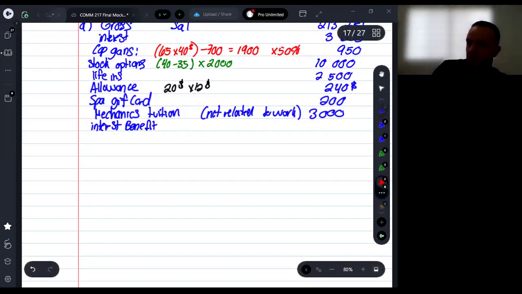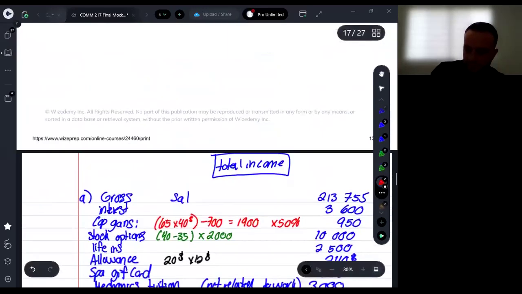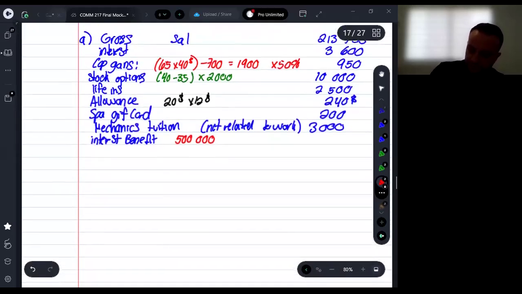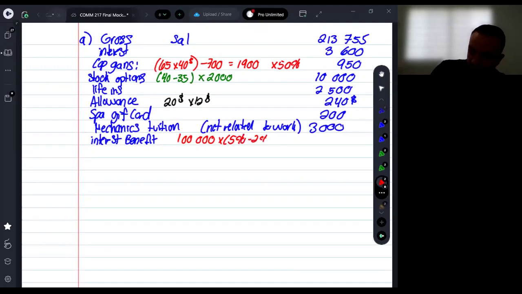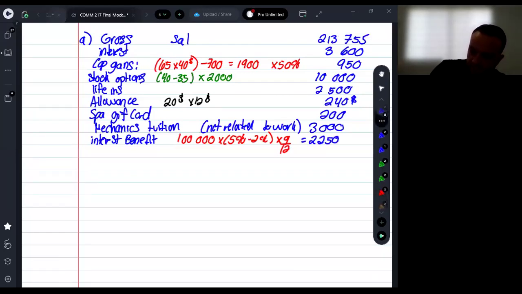Basically on 100,000 times the difference between 5% and 2% times 9 out of 12 months is what we have.